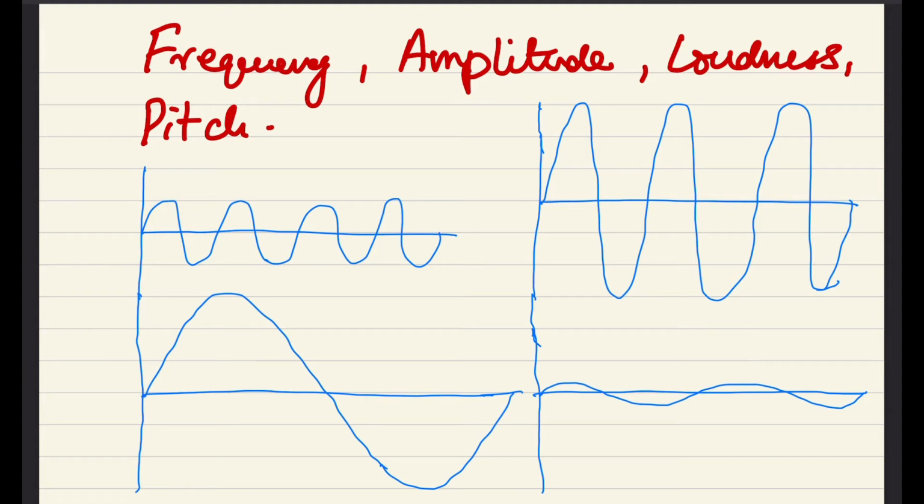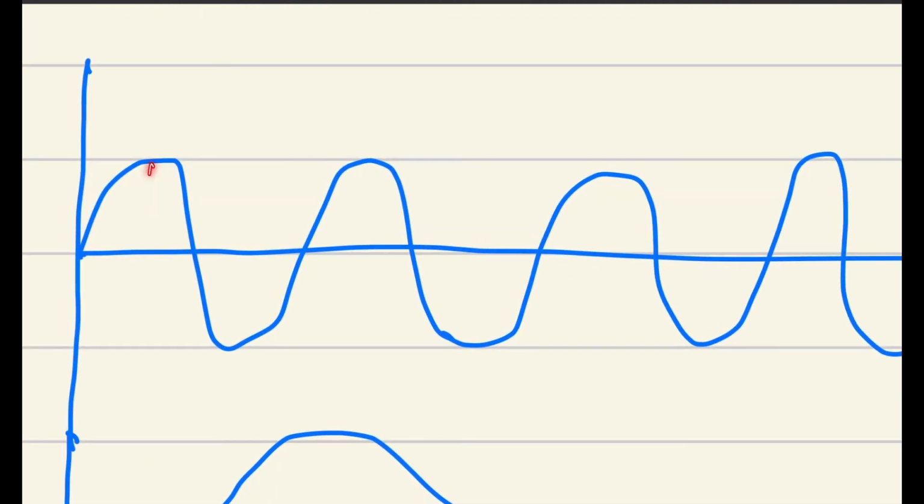How high the cycle is, how much away the minimum or the maximum point of the wave is from the mean position, or how much is the distance between the crest or trough from the mean position. So over here, this distance is the amplitude.